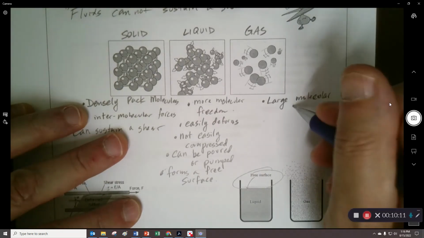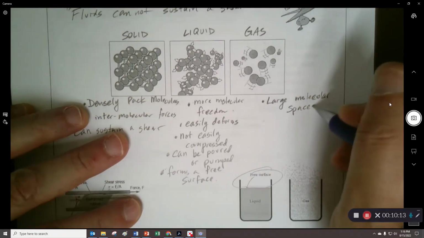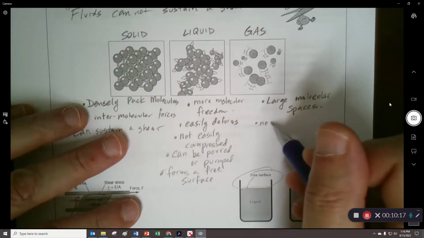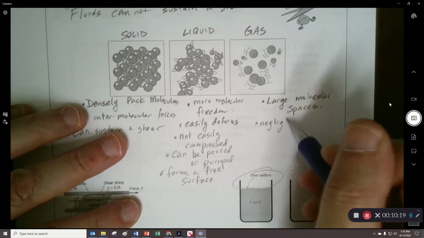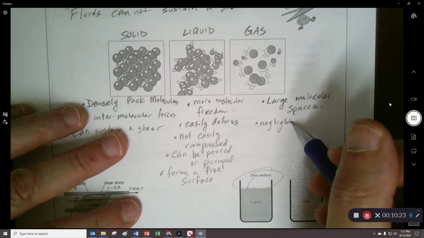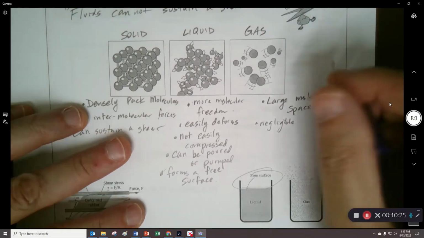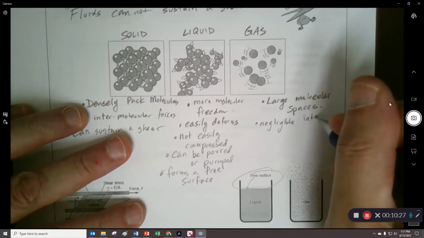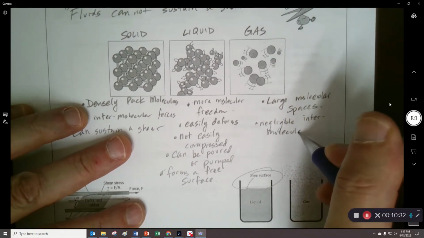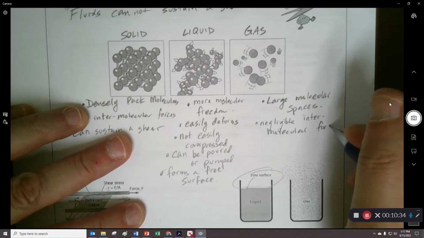Molecular spaces. Wow, that was terrible. And there's negligible intermolecular forces. It's going to make this video too long by writing all this stuff down.